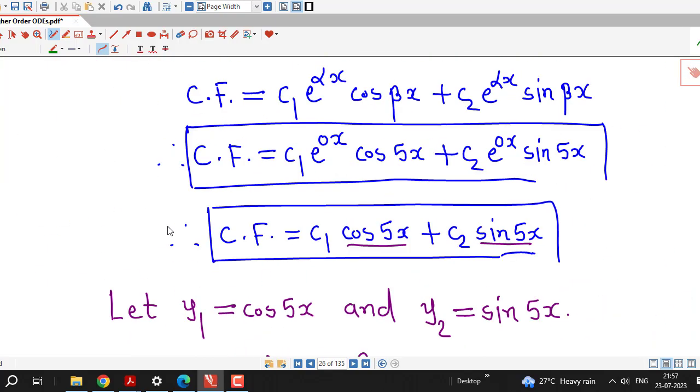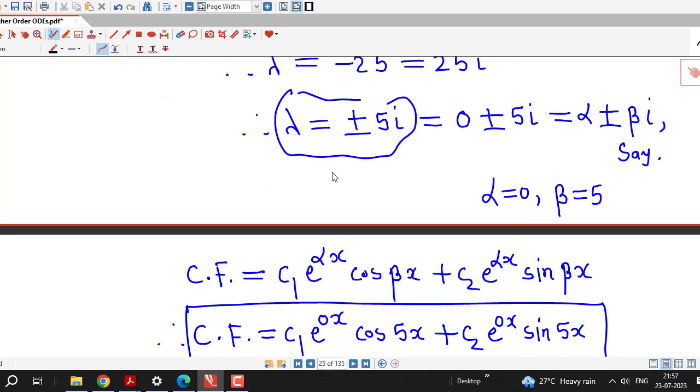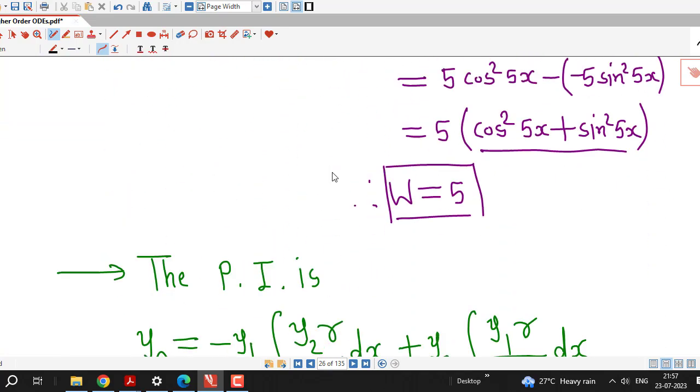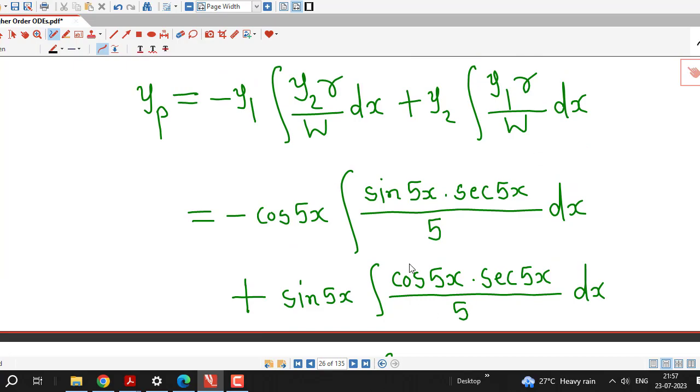Here the right hand side function is the sec function, so if they have not specified the method, then also we have to go for the method of variation of parameters, because we cannot apply the method of undetermined coefficients as well as the shortcut method to solve this differential equation, because the right hand side is the sec function. So we must solve this equation using the method of variation of parameters, and it is very easy. We are able to find the integrals easily.